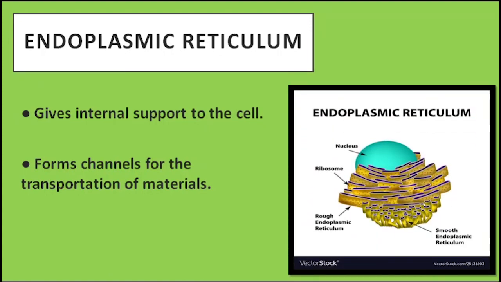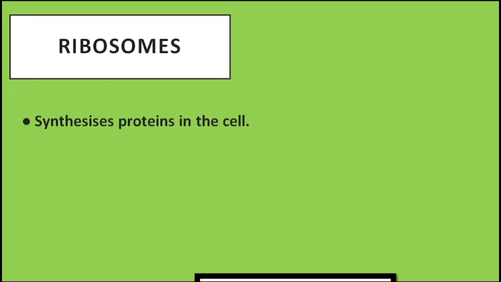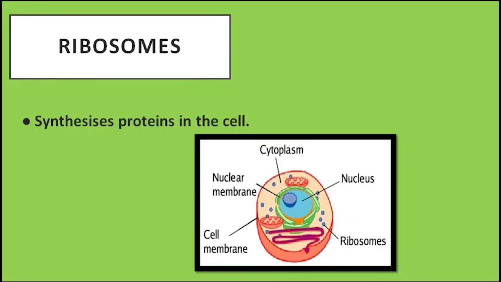That means it is absent. The third one is your plastids. As discussed earlier, the plastids were of three types, and those were chloroplast, chromoplast, and leucoplast. So you have studied about its function also. So these are present in your plant cell, and these plastids are absent in your animal cell.